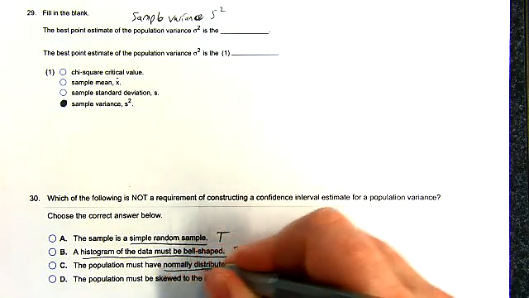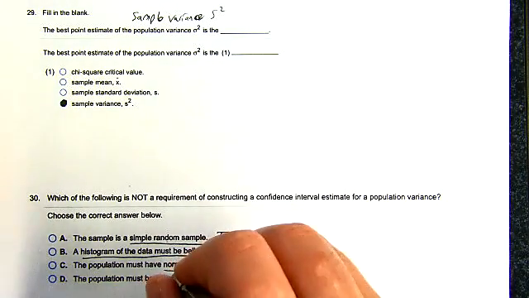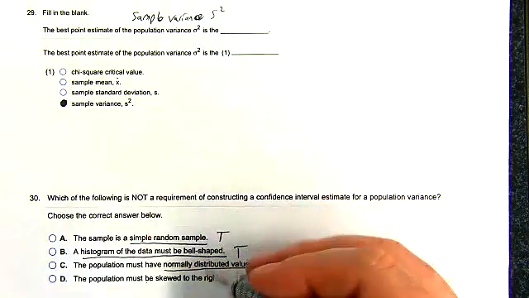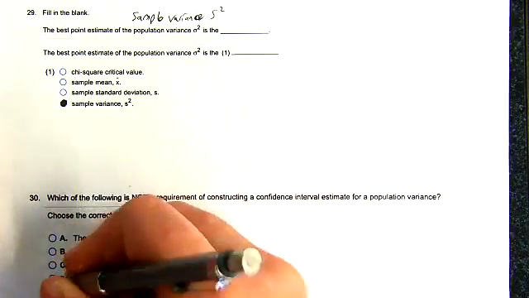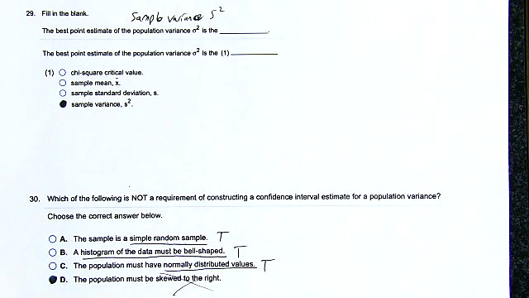That's true. The population must have normally distributed values. B and C are saying the same thing. True. The population must be skewed to the right. The distribution we use to solve this is skewed to the right, but we don't want the population to be skewed to the right. So this one's the one that doesn't belong. And now we'll complete section 7.3 and chapter 7.